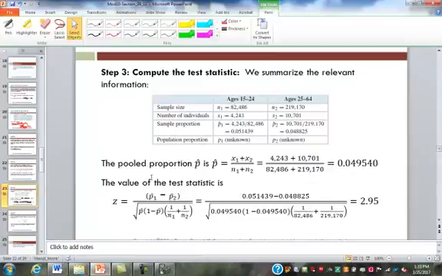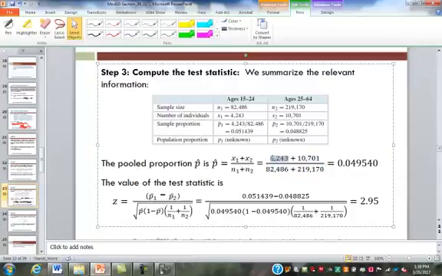They calculate their proportion. They're going to pool their proportion. To pool their proportions, again, they take the accidents for the younger drivers plus the accidents for the older drivers, and then the total younger drivers and the total older drivers, and they divide that out to get 0.049. Remember, the proportions were 5.1% and 4.9%.